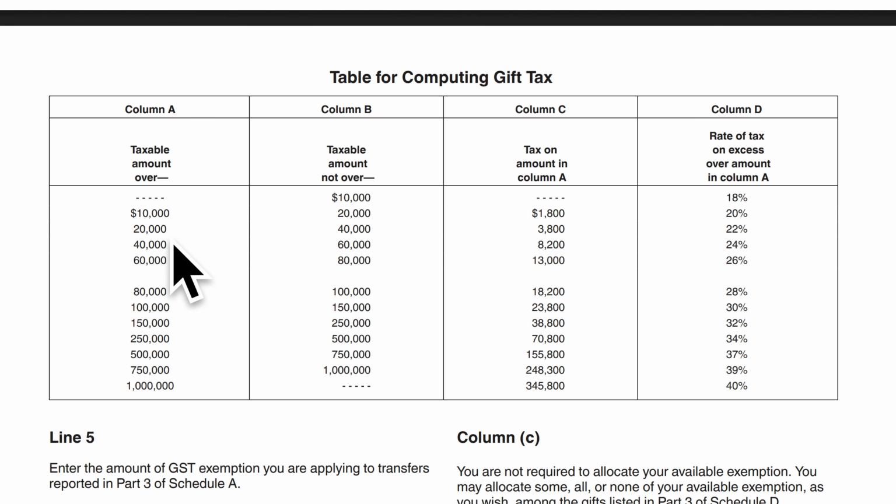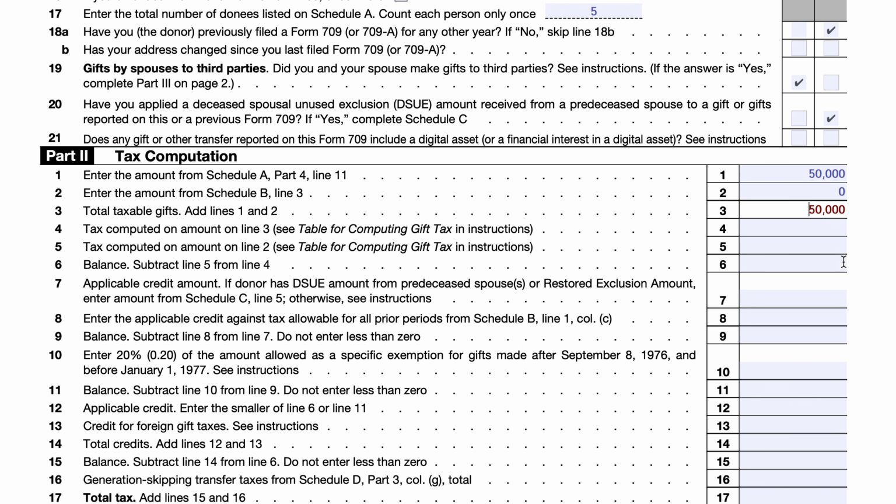But the amount of the gift was $50,000. We would be calculating $8,200 plus 24% of the $10,000. So that ends up being $2,400 plus $8,200, so $10,600. So we're going to put that amount in here.